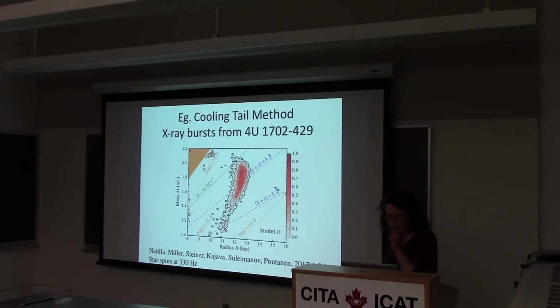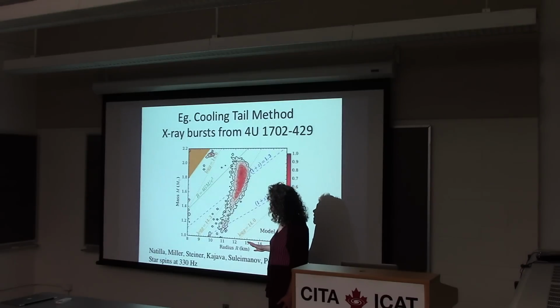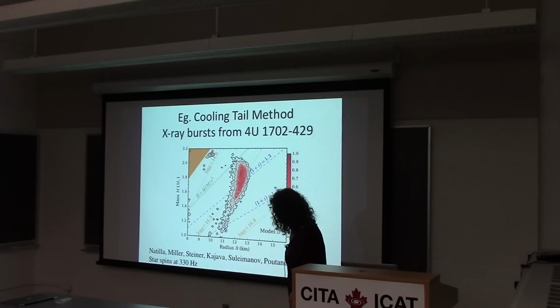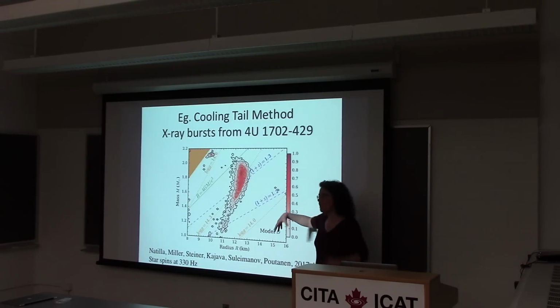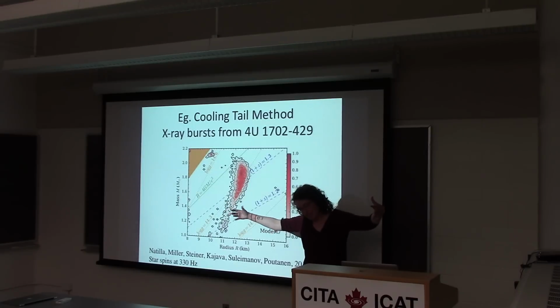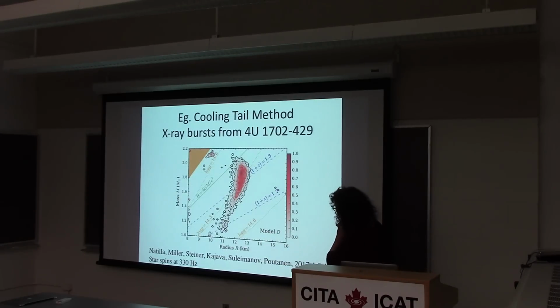I'll give you an example of just one recent observation, which I thought was interesting. This is a method called the cooling tail method. This is not my own work, so I'm just presenting someone else's as something interesting. They basically have an X-ray burst. There was photospheric radius expansion because it reached the Eddington limit, and then the material falls back onto the neutron star and radiates, and they've got a way to identify what they're looking at.